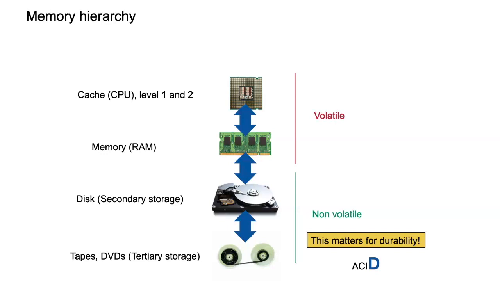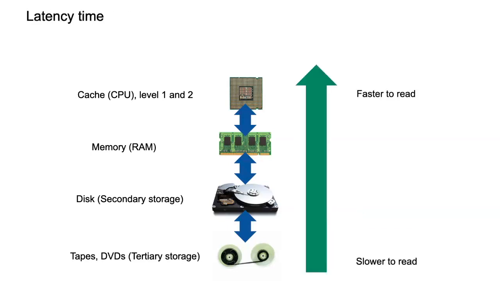So this is what it means when you switch it off, it's gone. And the other ones are non-volatile, the disk and the storage on tape. It still exists, the storage on tape. ETH still backs up all your working directories on tape somewhere. And it matters for durability because you do want to keep the data for longer.